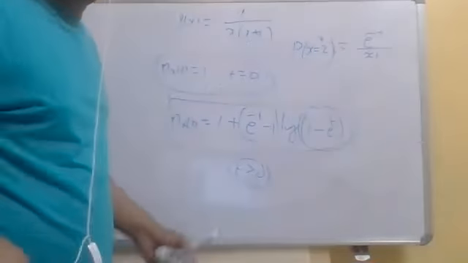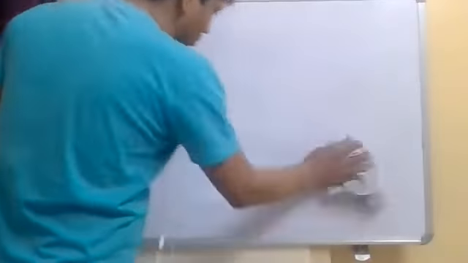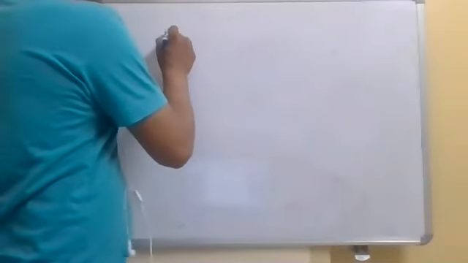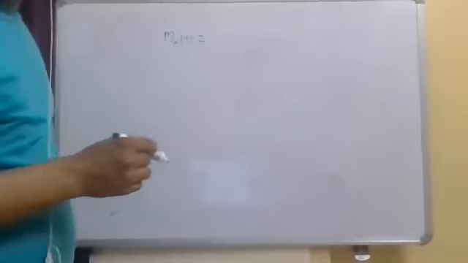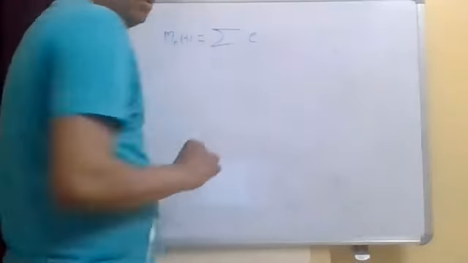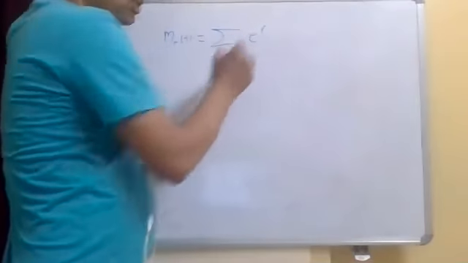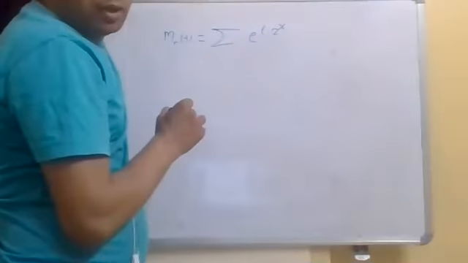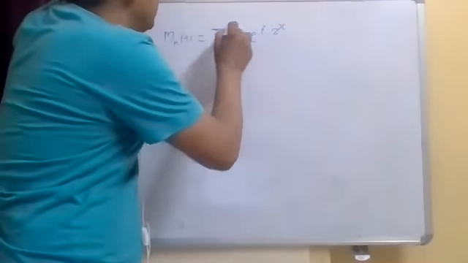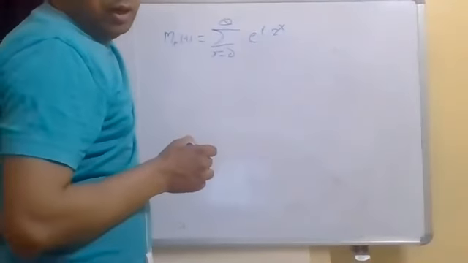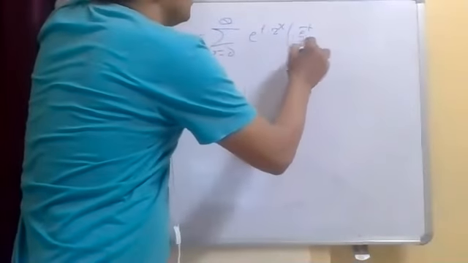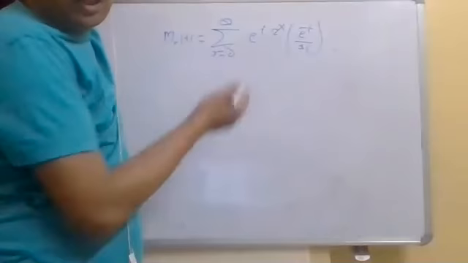So I'm going to write the direct formula because we only need the formula, we won't go through the derivation. In this case, we will get M_X(t) equal to summation of e to the power t x into 2 to the power x, with limit x from 0 to infinity, into this one.